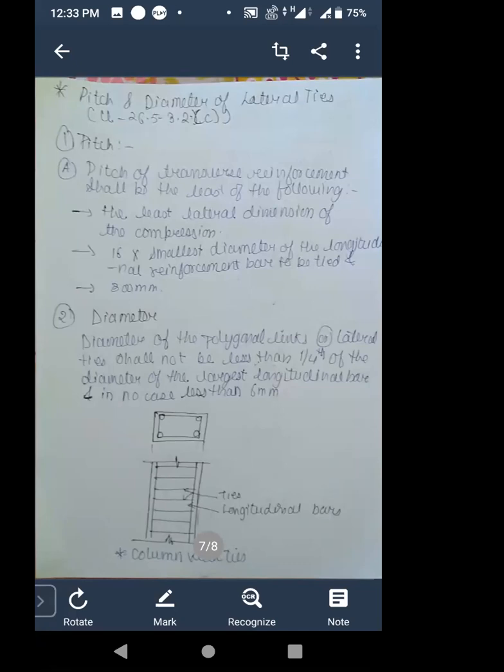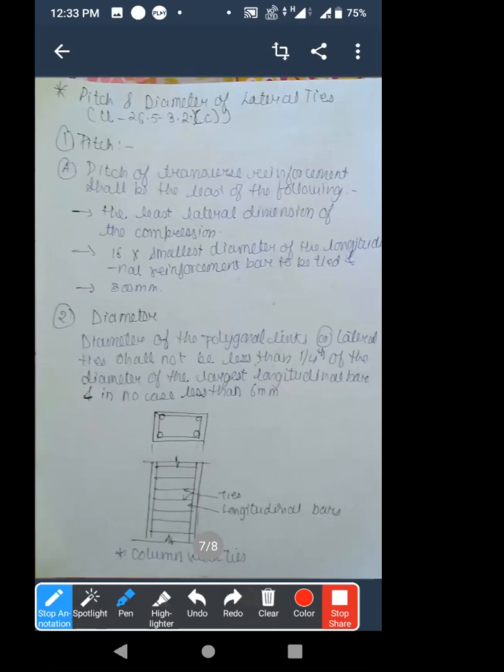Diameter of the polygonal links or lateral ties shall not be less than 1/4 of the diameter of the largest longitudinal bar. See here, you have to go with the diameter of the transverse reinforcement, or what we call the lateral tie diameter.